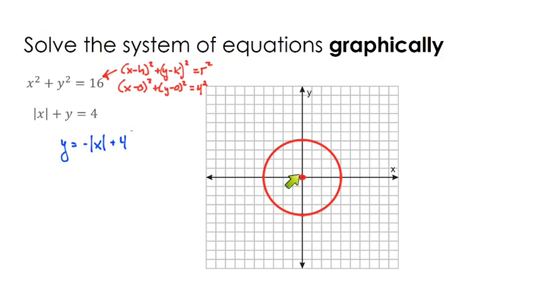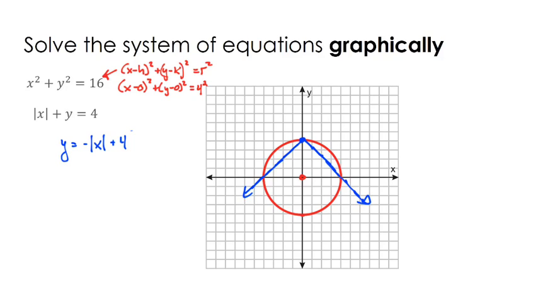Most absolute value functions start at the origin and go like that, or at least the parent function does. So we've shifted it up 4 units to start here, and then because of the negative, we've reflected it. It's still got that slope of -1, and it's going to go in that direction, and also in that direction.